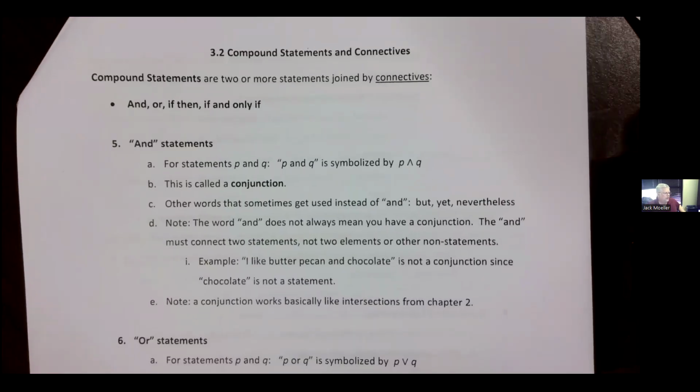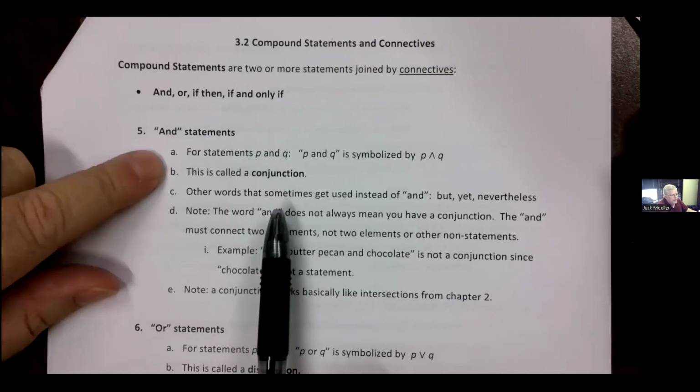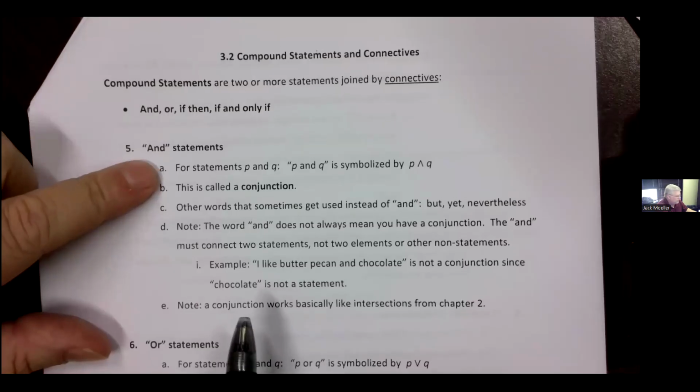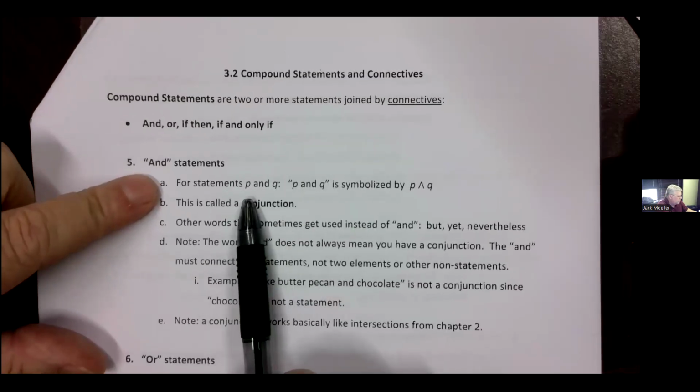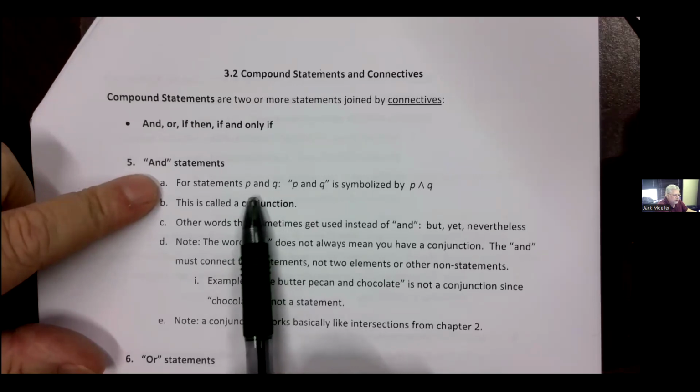All right, let's walk through these. After we describe all of them and go through the symbology, we will get into some examples of all of them. The first one is our and connective. Remember we're dealing with P, Q, R, and S as our statements.